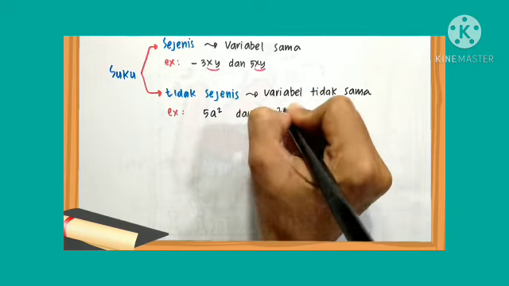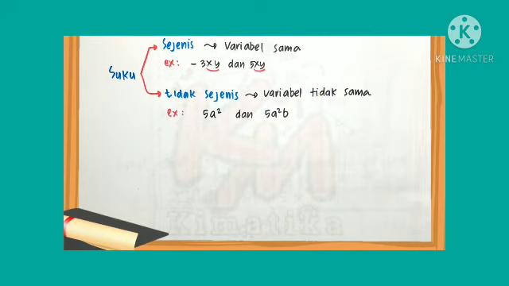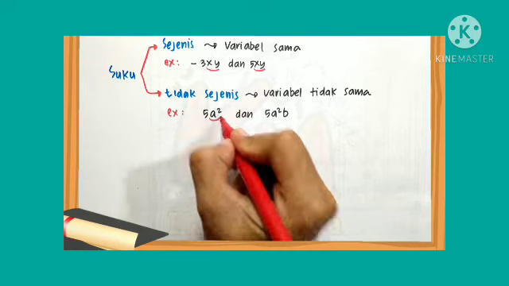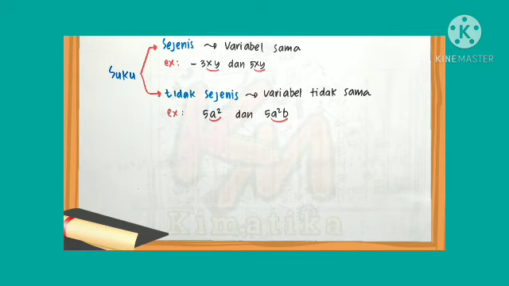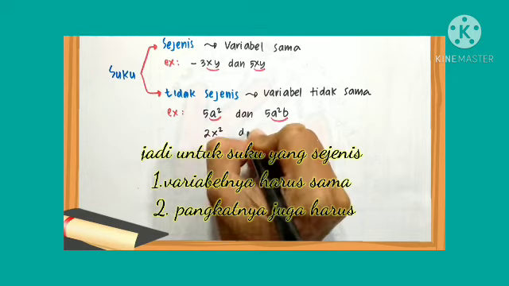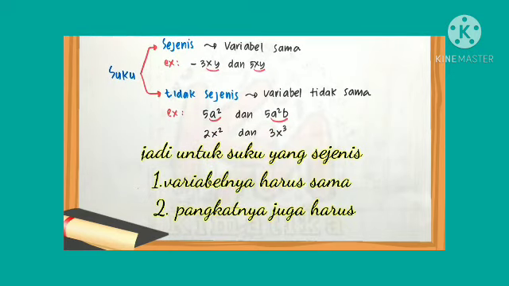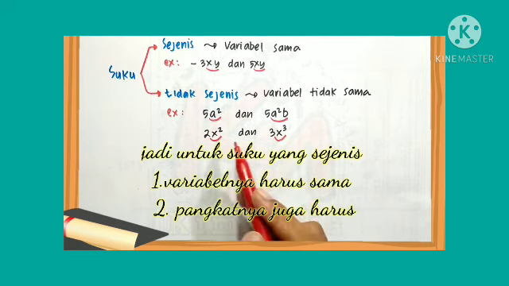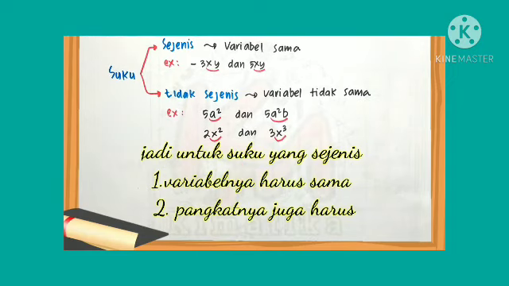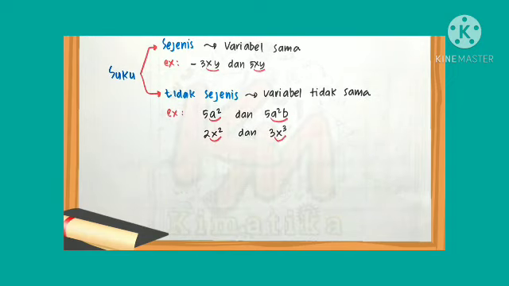Example: minus 3xy and 5xy. Unlike terms have different variables or different exponents, for example 5a power 2 and 5a power 2b, and 2x power 2 and 3x power 3. We look at x, but the power is different, so that is tidak sejenis.